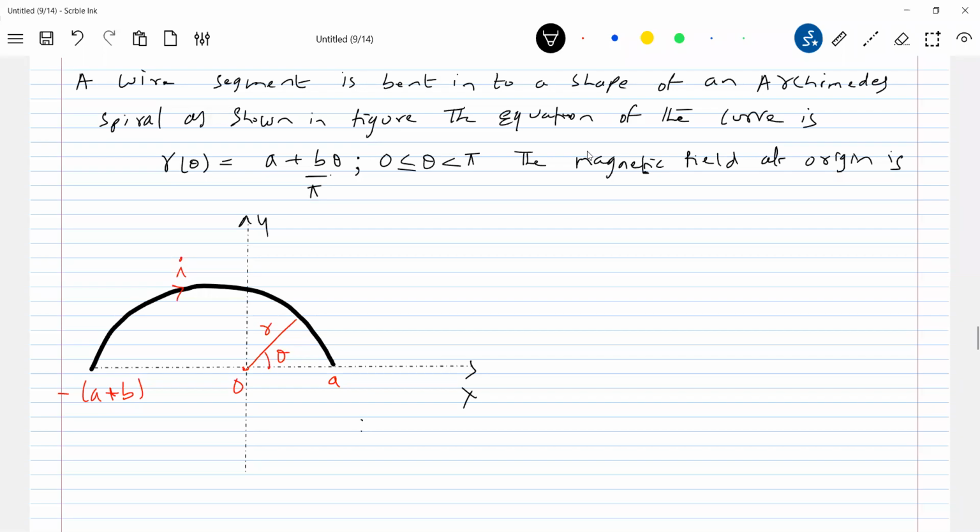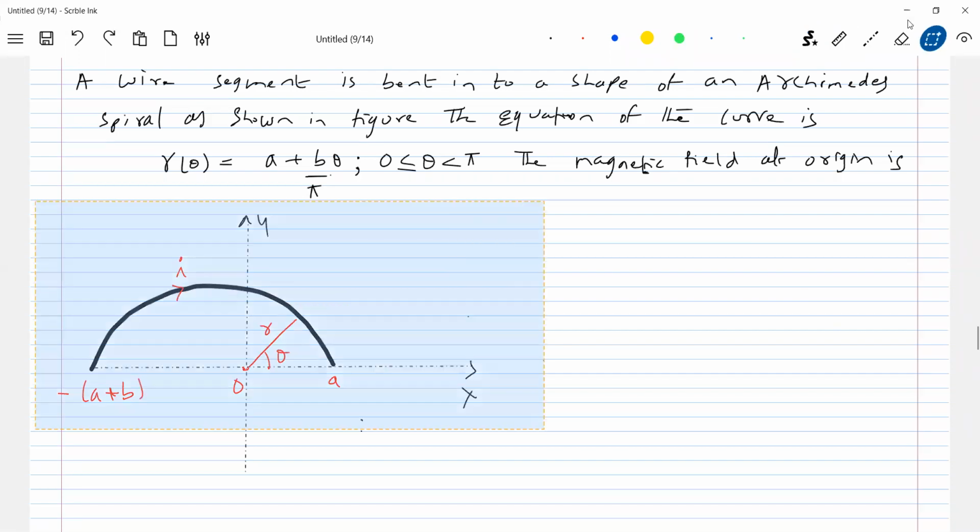Again, take care about that current element in the Biot-Savart law. Let me take a small current element. First, let me have this diagram.